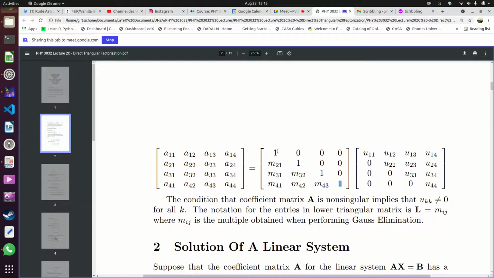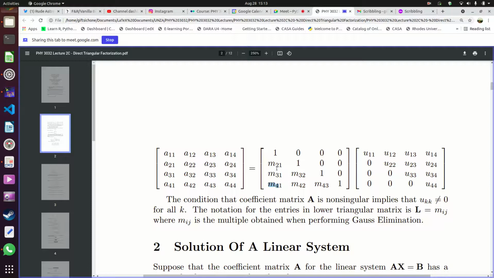The second thing you should notice is that under each of these ones, you have got M21, then M31, M41. These M21, M31, M41 should be familiar because these are the multipliers we were using when we were doing Gauss elimination.